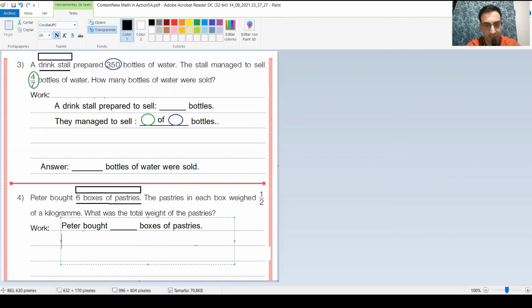And each box of pastries weighed... of a kilogram.